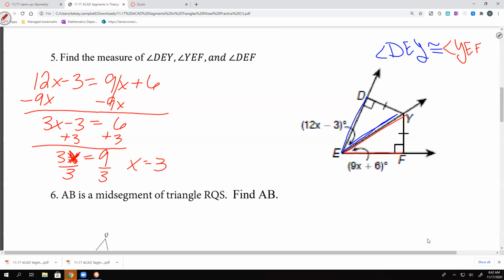Okay. Now, what do we have to do? Yeah, we got to plug in. Hint, how many of these do you actually have to plug into? Only one of them, right? Okay, so which one do y'all want to do, the 12x or the 9x? 9, okay, so let's plug in there. And so this is going to be angle YEF.